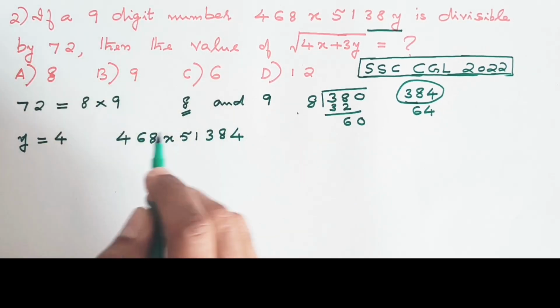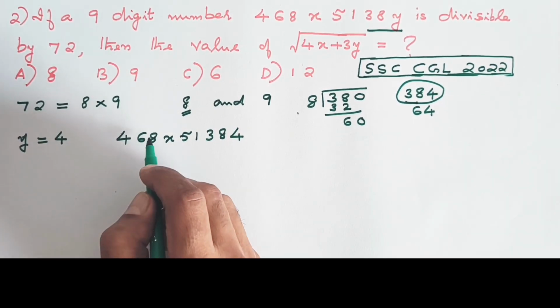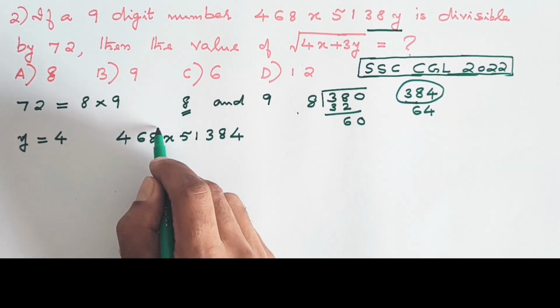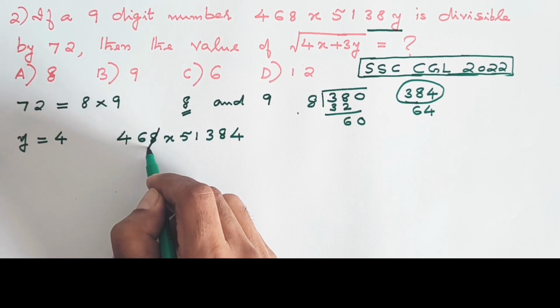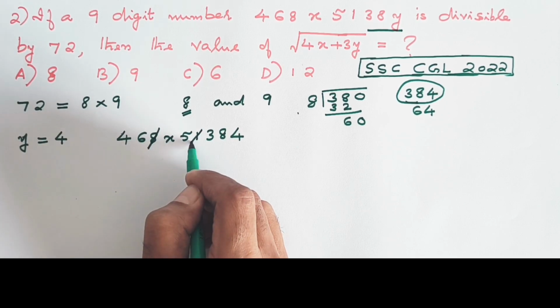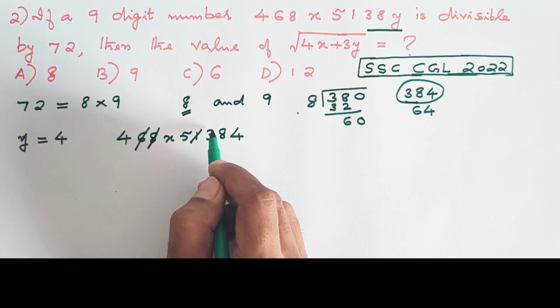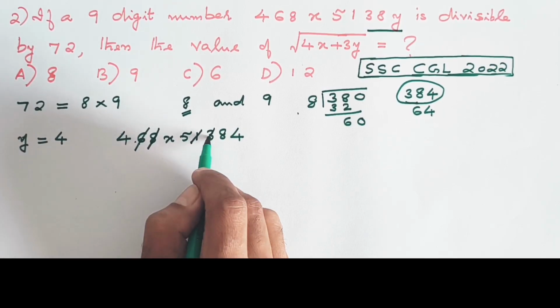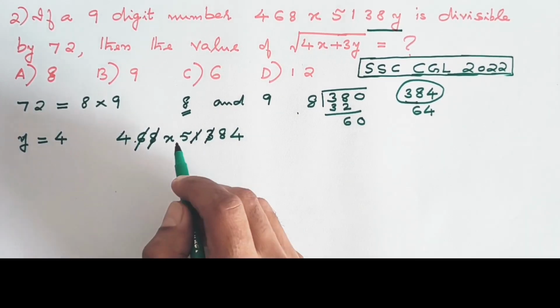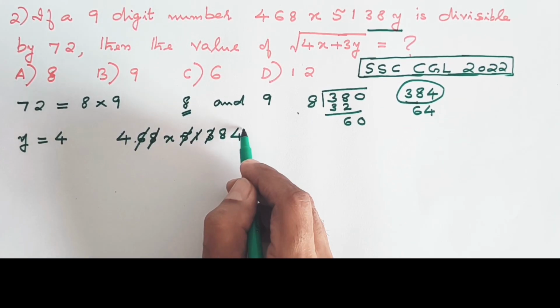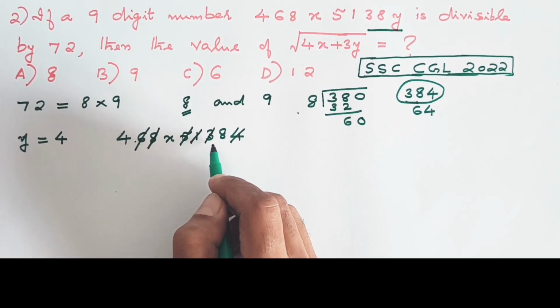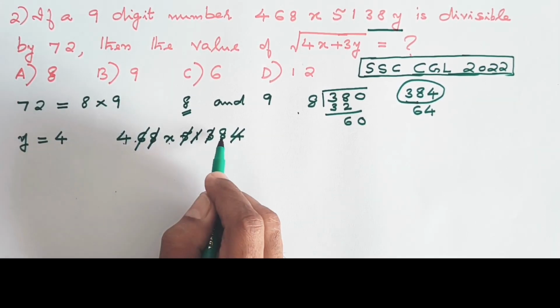This is the next digit x to be found out, for which we use the idea of this number being divisible by 9. In the test of divisibility of 9, like I showed you before, we will combine numbers like this, 8 and 1. That is 9. You can cancel it. 6 and 3 together, 9. That also you can cancel. And then you have 5 and 4, which is 9. You cancel. And you're left with 4, x and 8.